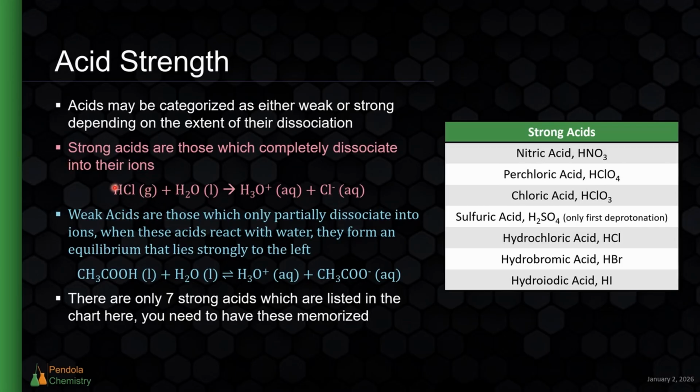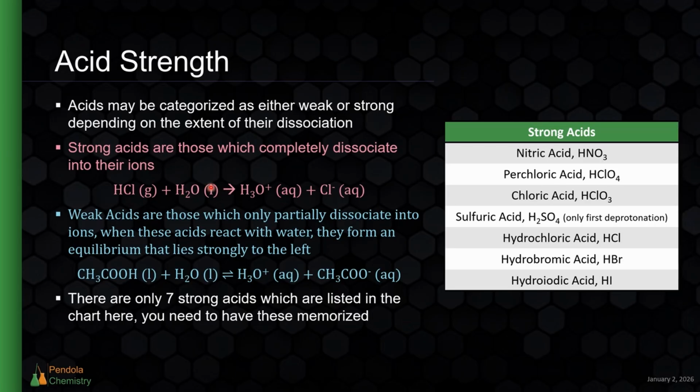For example, hydrochloric acid is a strong acid. When it reacts with water, all of the hydrochloric acid molecules will give up their hydrogen to become Cl-, and all of the hydrogens are going to be given to water molecules, becoming hydronium ions. This is a full, or complete, dissociation.